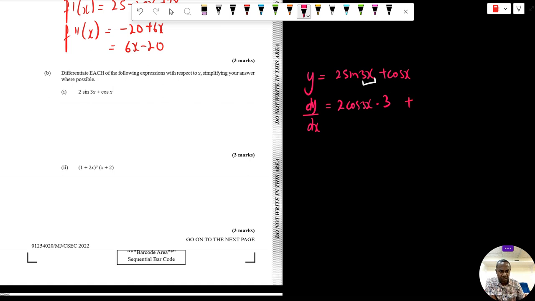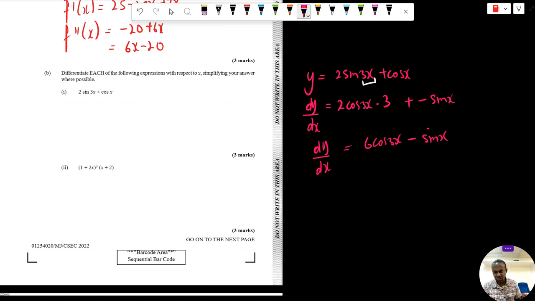So this becomes 2 cos 3x times 3, right? And then for the next part, we have plus the derivative of cos x, which is actually minus sine x. And so we see that dy by dx is equal to 6 cos 3x minus sine x. And there's no further simplification we can do with that, so we'll leave it as it is.